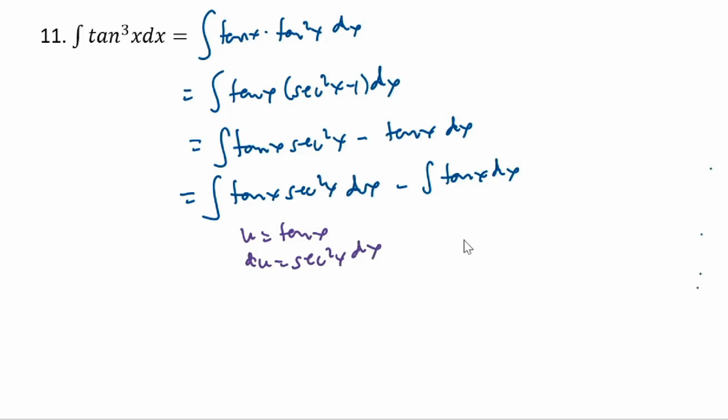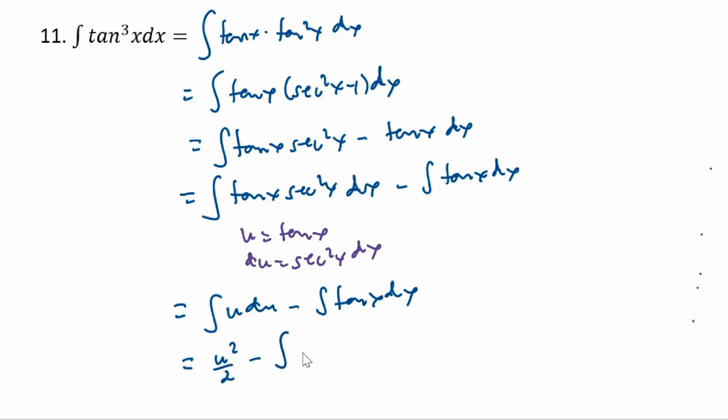Since the second term has a direct formula, we can just now write as the integral of u du minus the integral of tangent x dx. So the integral of u du is equal to u squared over 2 minus the integral of tangent x dx.